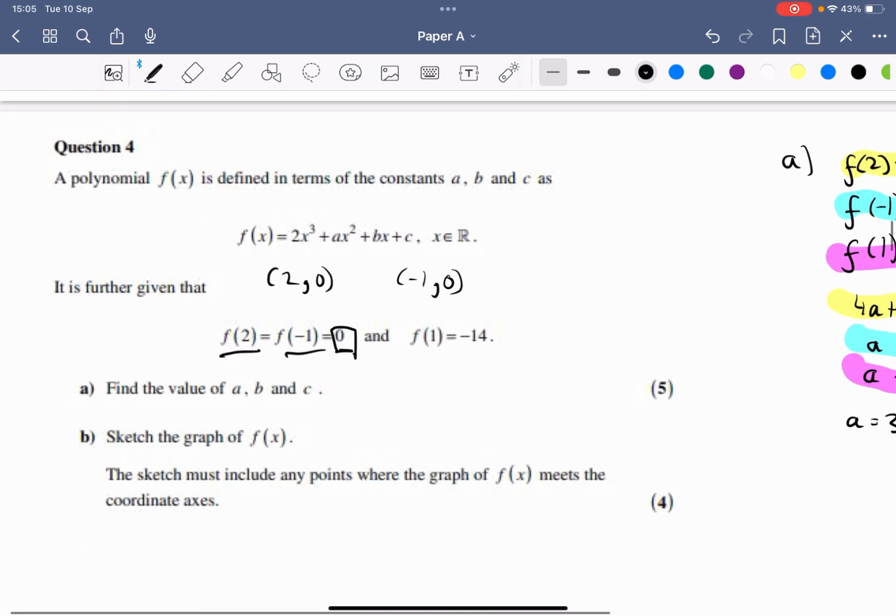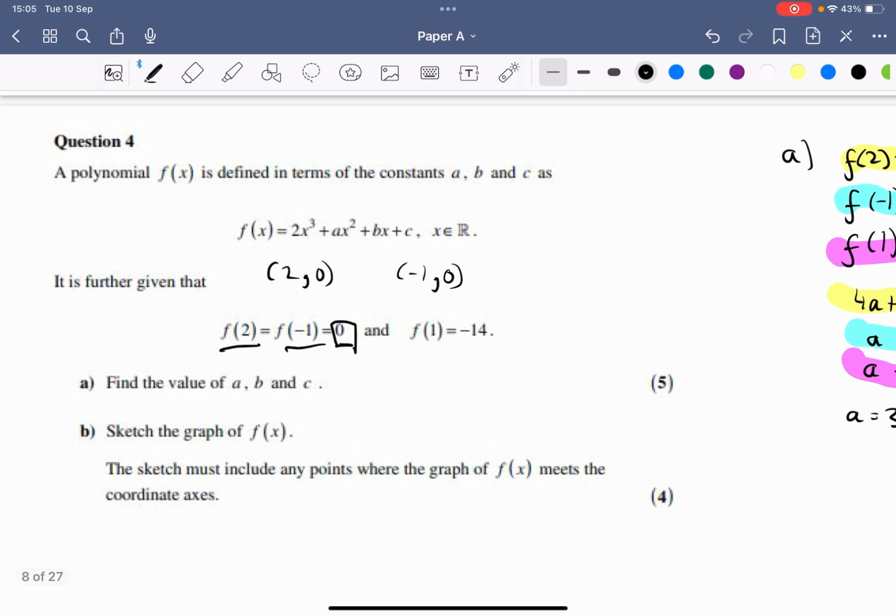It's very likely. Since it's just asking for a sketch, instead of solving this I'm just going to type the cubic into the calculator and get the third root, and I get the third root as x equals minus 2.5. So the third root is minus 2.5, 0.